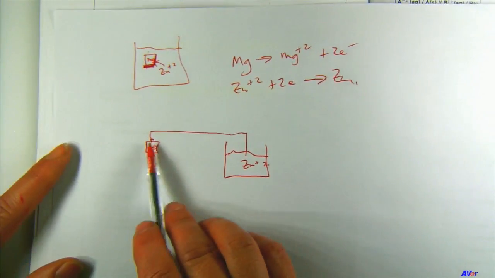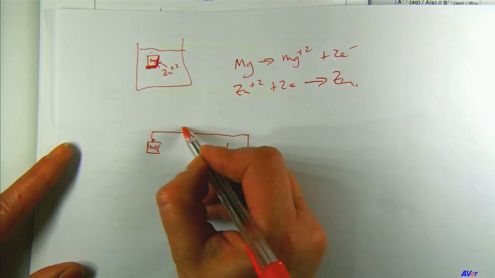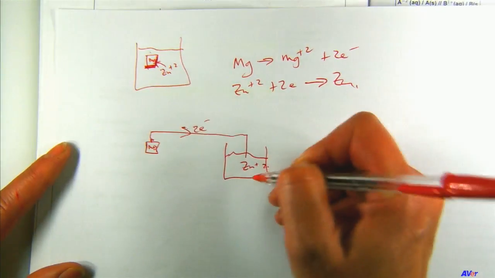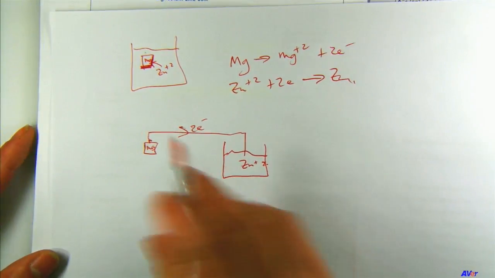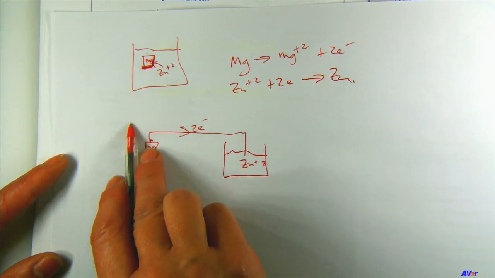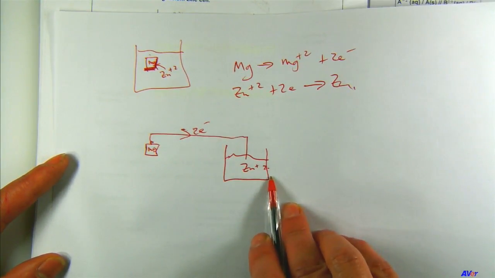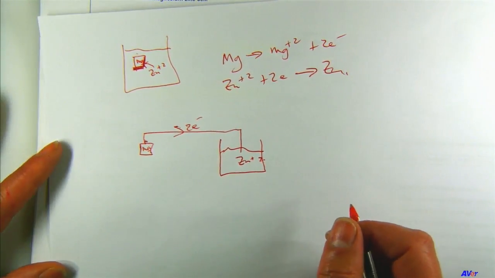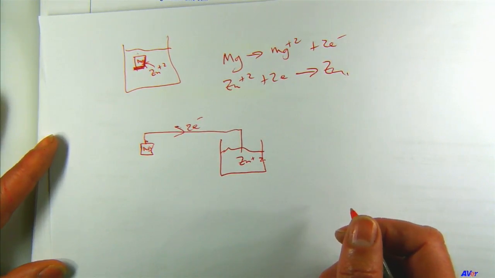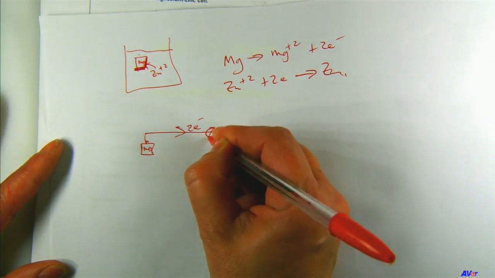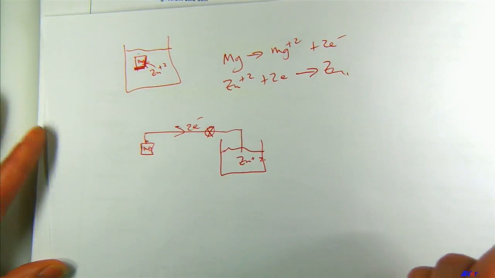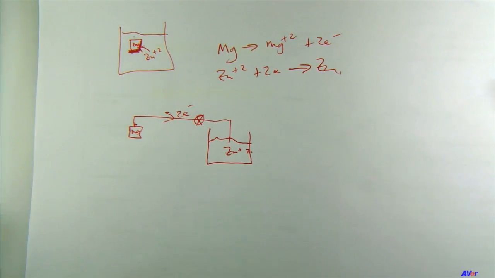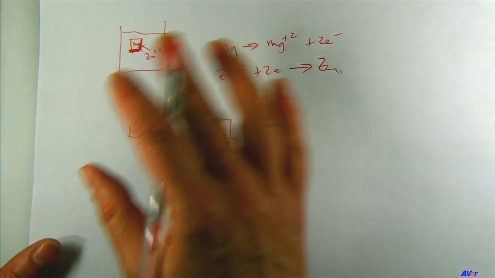So what's going to happen is this magnesium is going to send electrons with the wire to the zinc. It's the stronger one. So the electrons will be moving in the wire. And what do we call electrons? Charges moving in the wire. Electric current. So immediately I will go and put my cell in, my bulb in there, and I will have light, right?